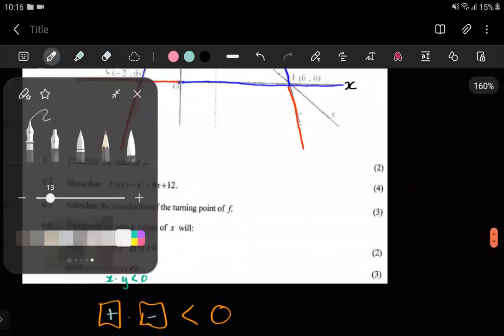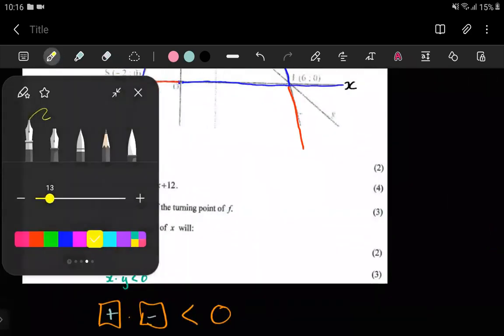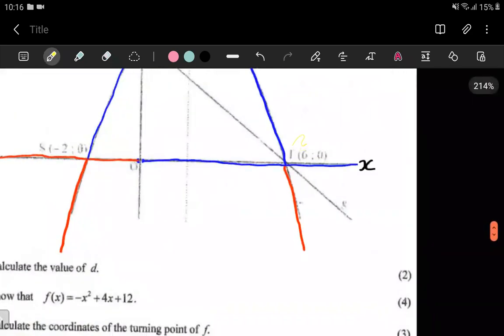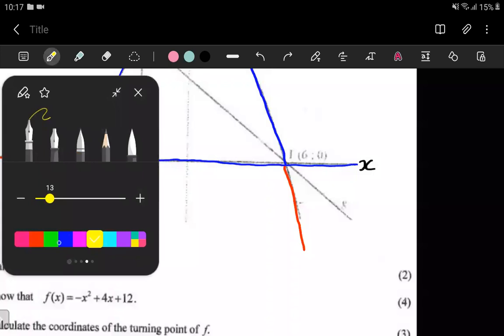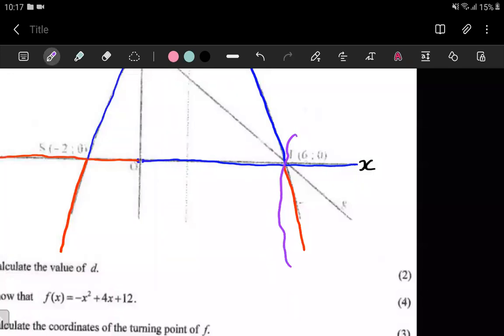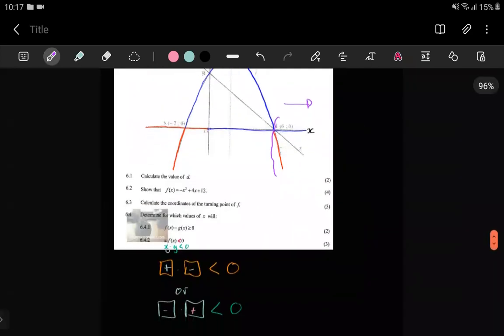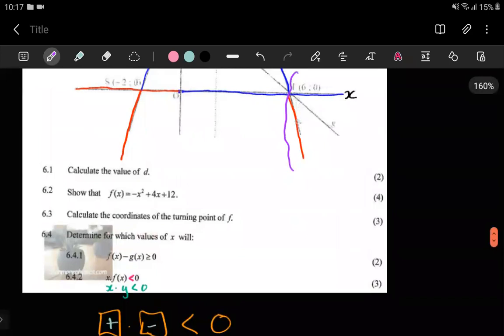Now, if you look at our image, that is only happening from this place going to the right side. That's the place where we have positive x values while we have negative y values of f, because you have the negative y values here, you have the positive x values there.